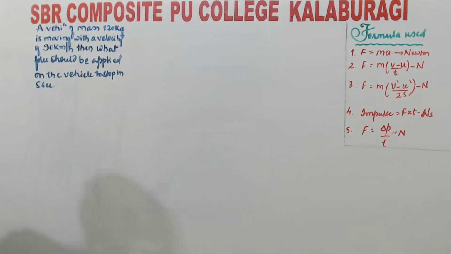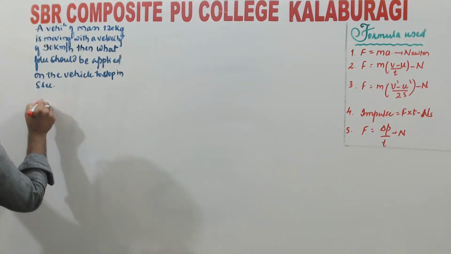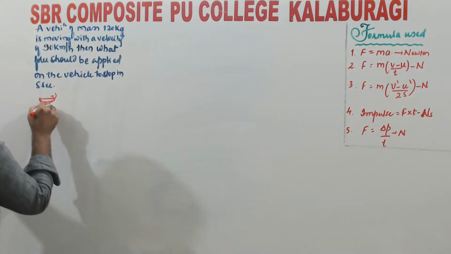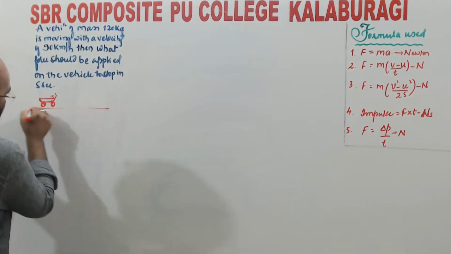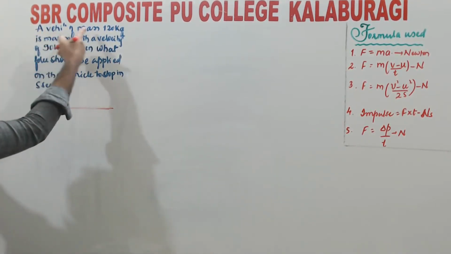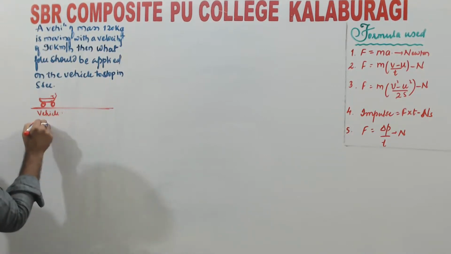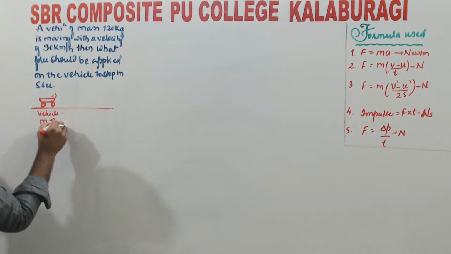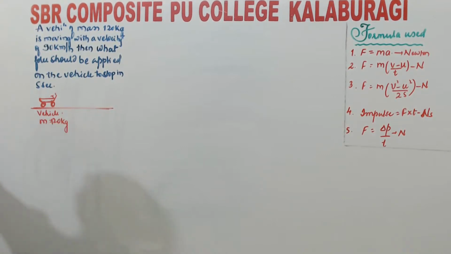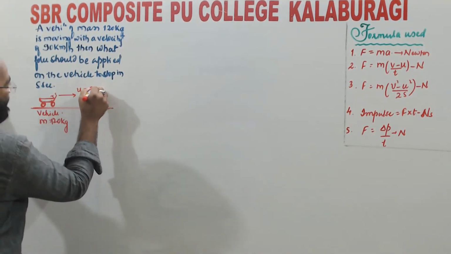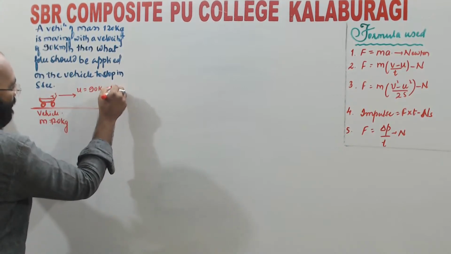According to this question, here we have a vehicle. Imagine we have a scooter. The mass of the vehicle is m equals 120 kilogram, and it is moving with an initial velocity of 90 kilometer per hour.